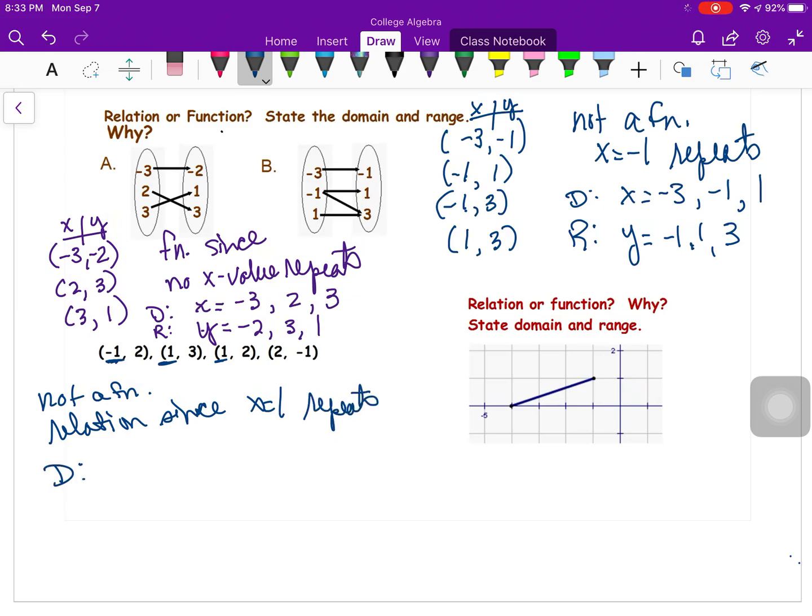The domain is X equals -1, 1, and 2. The range, Y equals 2, 3, 2, I don't need to repeat that, and -1.